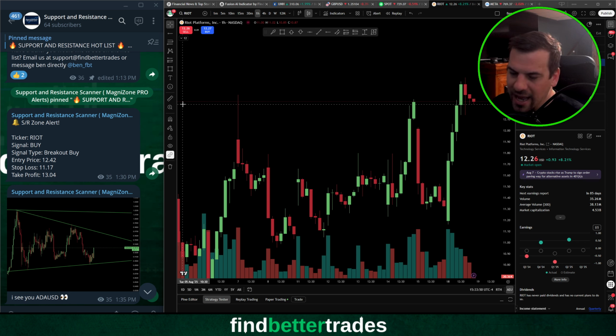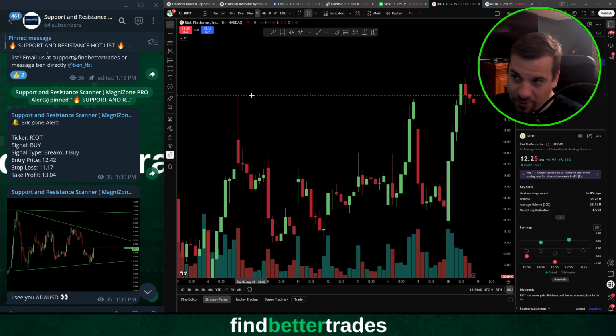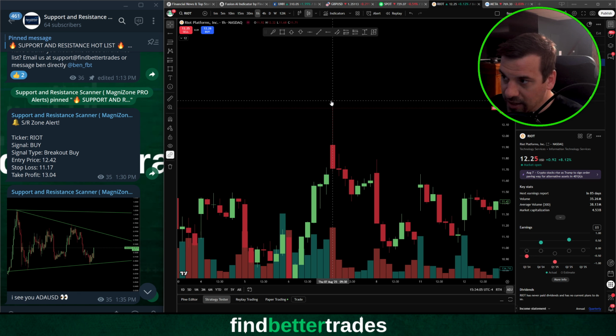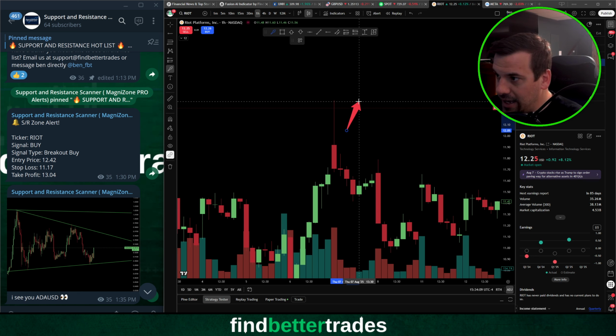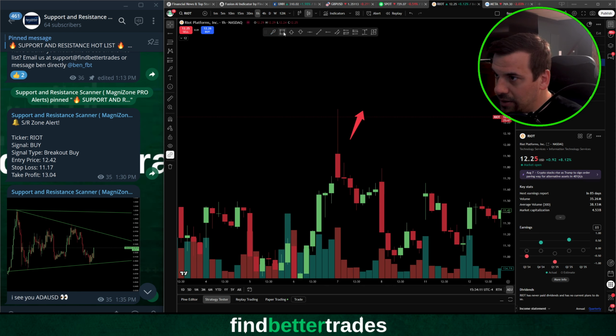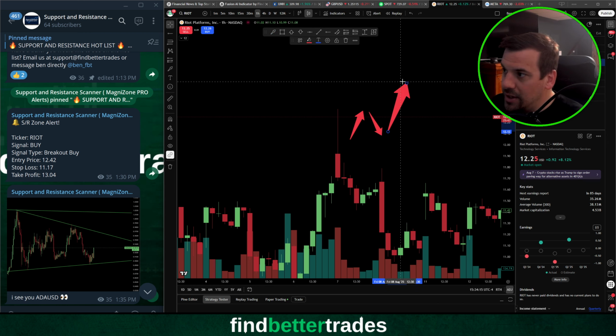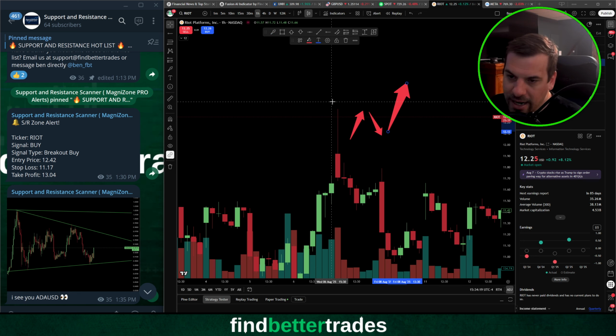Just make sure that in those support and resistance zones, you wait for a candle to close above or below, depending. If it's a resistance trade, you want it to close above the top right here. Let's say price comes up to this wick, then ends up coming back down, and then finally makes its way up and closes somewhere up here. That is where your entry would be, because it broke and confirmed.